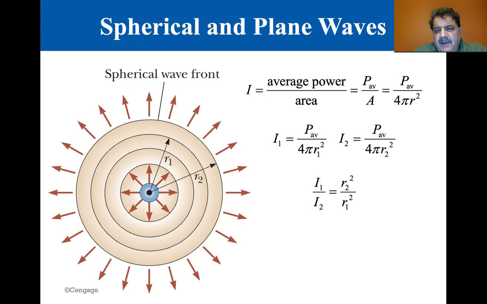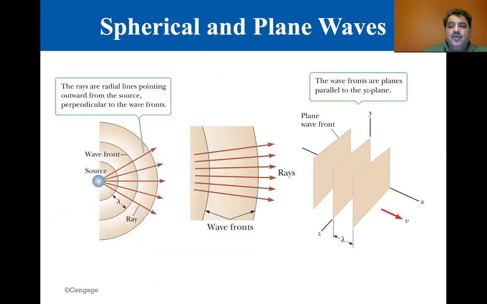The intensity I1 is actually greater than I2. In other words, R2 squared, since it's a longer radius, is greater than R1 squared. And so it's diminishing. That's why I1 is greater than I2 by the factor R2 squared over R1 squared.